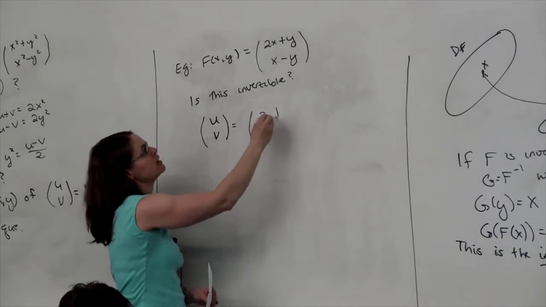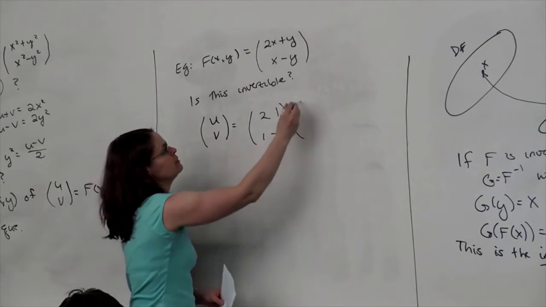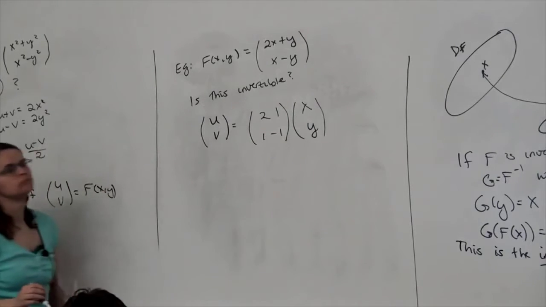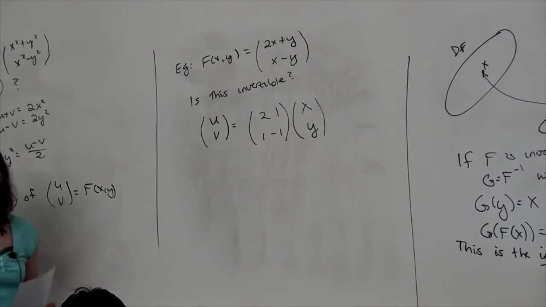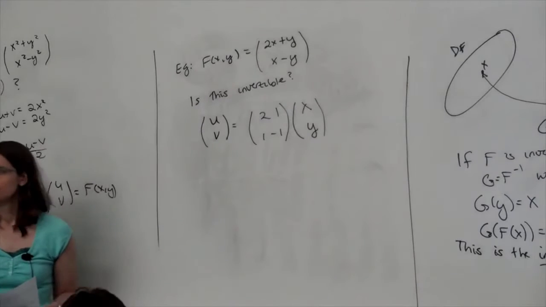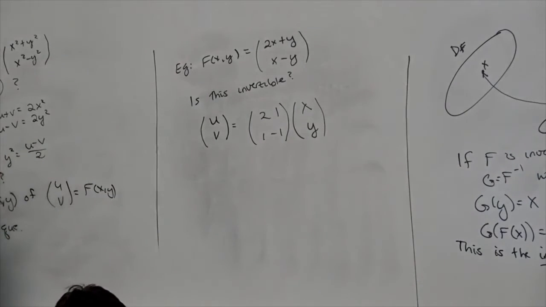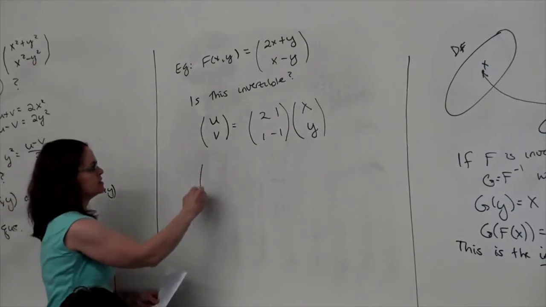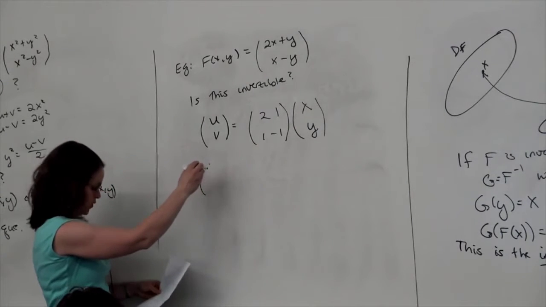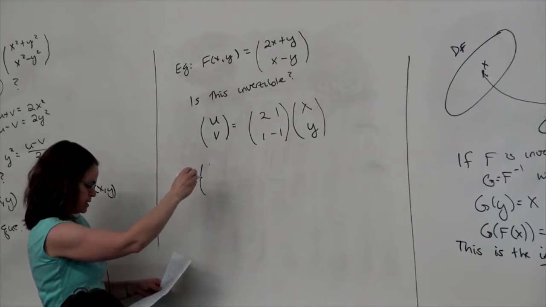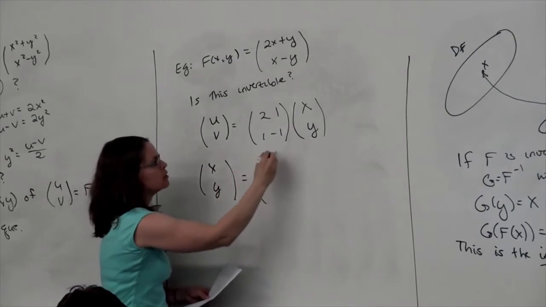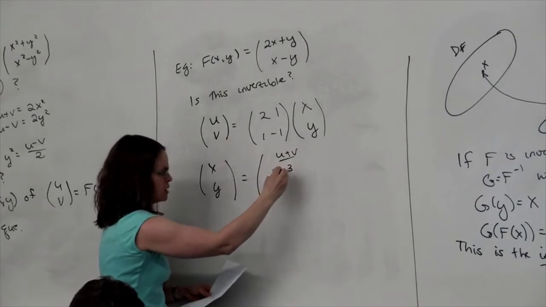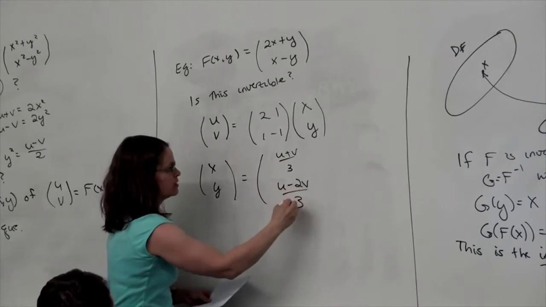This is linear, so I could write it in a matrix vector form. And I take a quick run through this 2x2 system, and I find that indeed I can find a solution, and my solution is going to be (x,y) equal to ((u plus v) over 3, (u minus 2v) over 3).